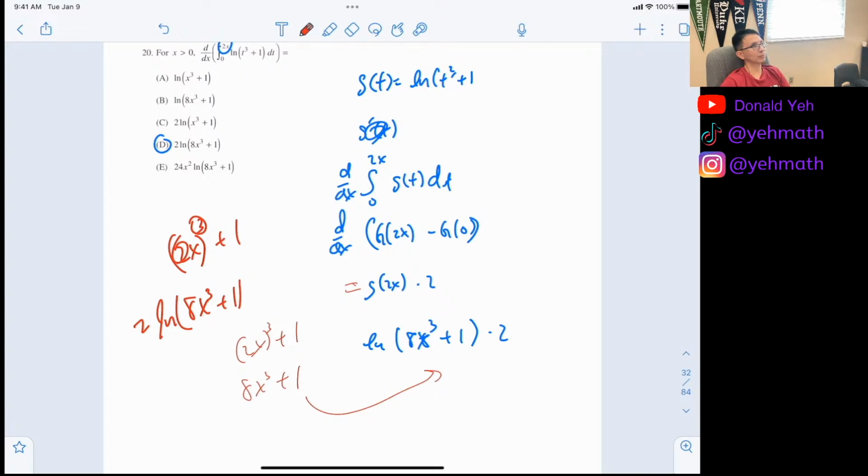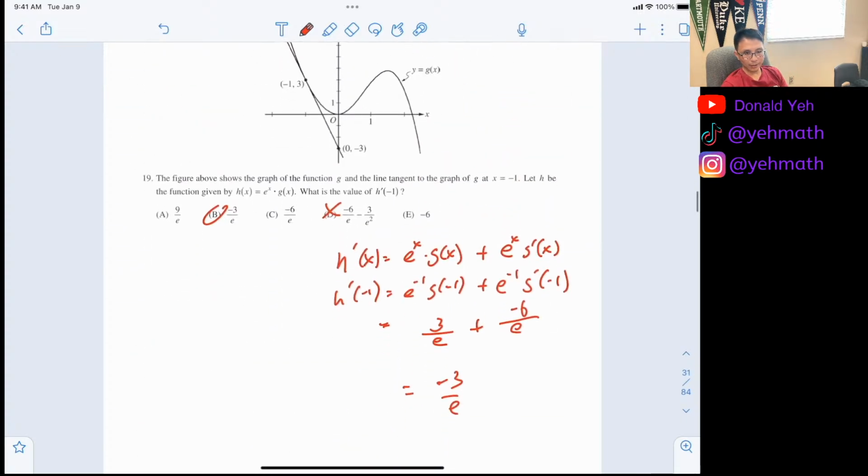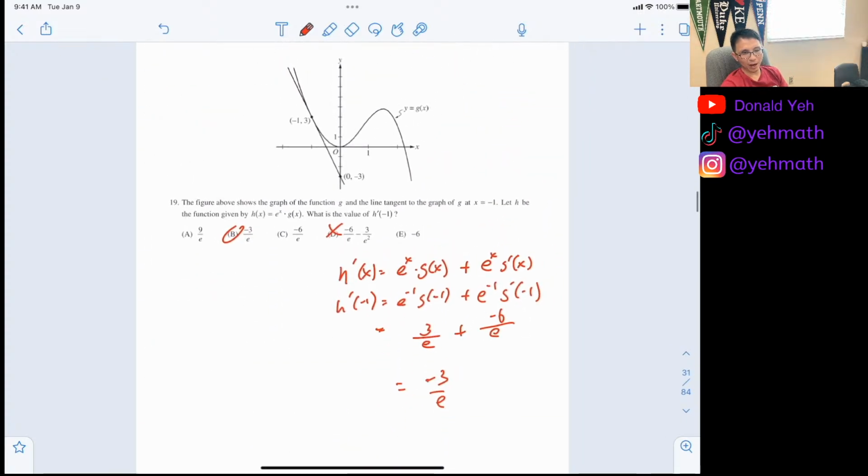Next question. 19. Yeah, 19. 19 is easy. Just follow the product rule and chain rule. And that's what I did. And I just read a graph. Oh no, there's no chain rule.